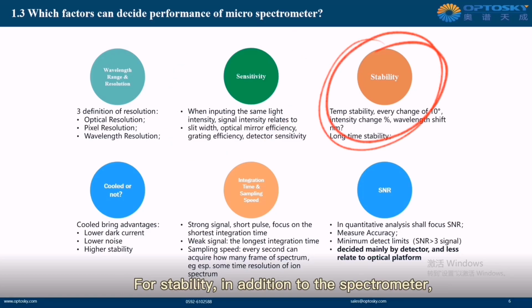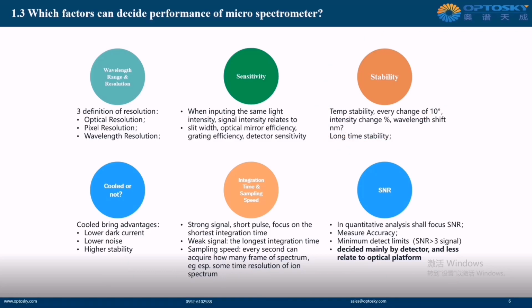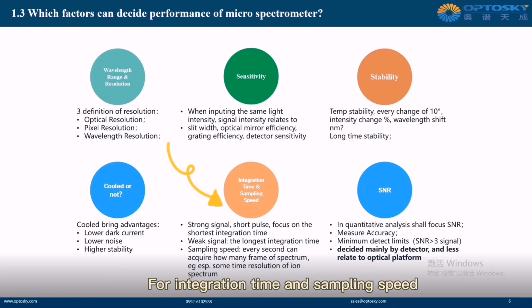For stability, in addition to the spectrometer, customers must pay attention to the stability of the light source, fixed point, integration time, and the sampling speed. The industry has requirements for this. You can set the integration time and sampling speed to improve the efficiency of industry detection.